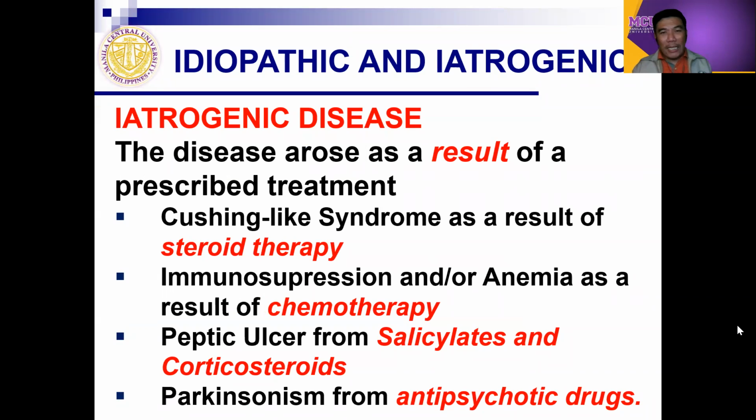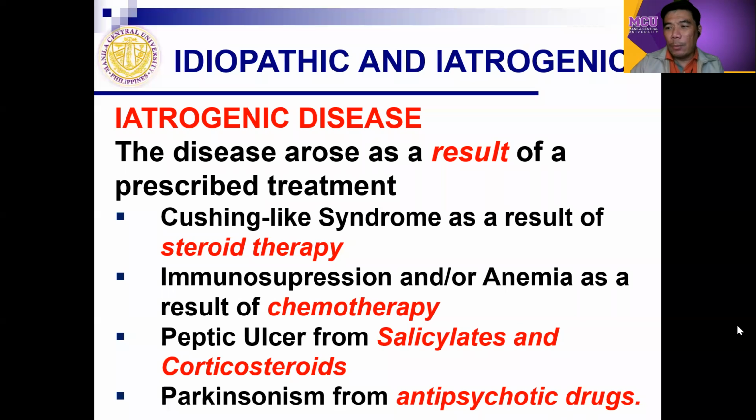How about iatrogenic? Usually, iatrogenic disease is an outcome or result of a particular or prescribed treatment. So, just like for example, when we use Cushing-like syndrome as a result of steroid therapy. Okay? So, if we say Cushing syndrome, usually the body, di ba sabi ko sa inyo when we discuss stress, ang stress lalong nagpo-produce yan ng cortisol.